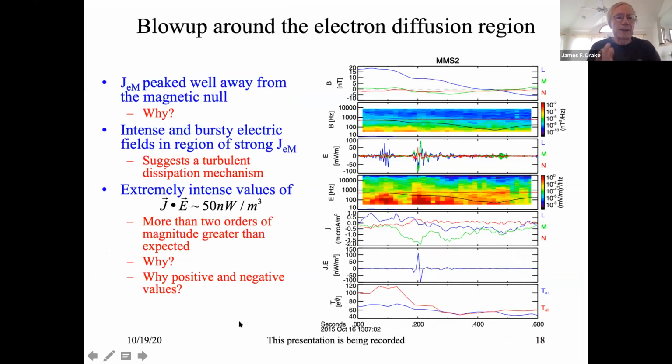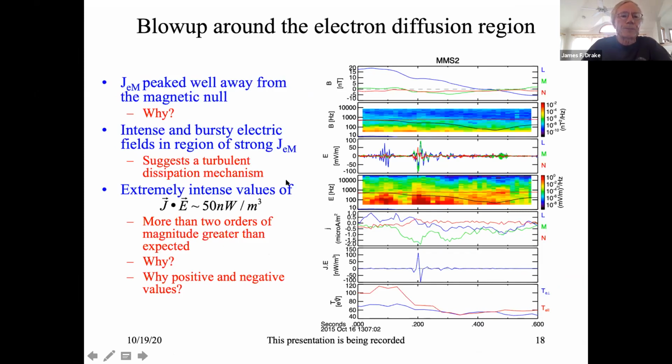Not only are these dissipation rates, or energy exchange rates, extremely large, they take on positive and negative values, and that's really weird. You want this to be positive if you're dumping magnetic energy into the plasma, but instead it takes on positive and negative values. Why is that? We need to figure that out.